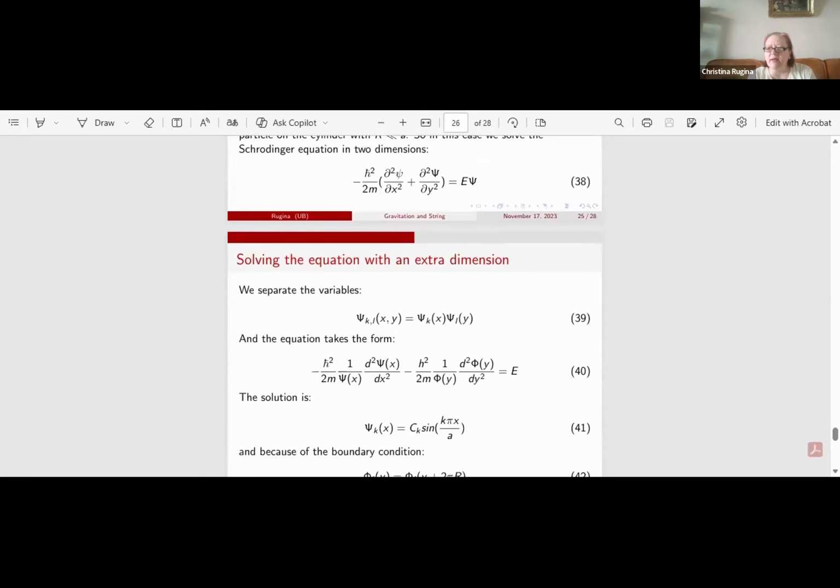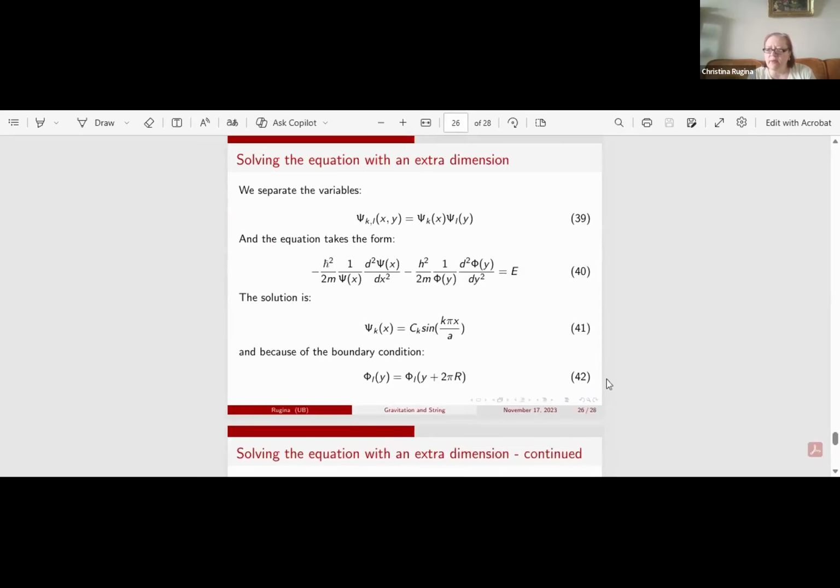This looks like, not exactly, but sort of a non-homogeneous wave equation. So we separate the variables. How do we solve this differential equation? We separate the variables like that, and we integrate. We take this equation equal to a constant, and this equation equal to a constant.